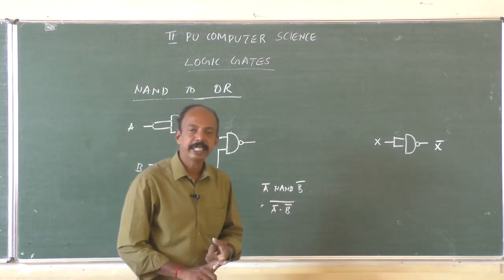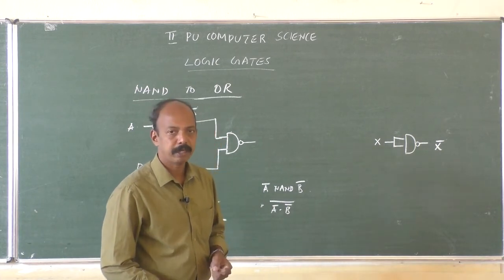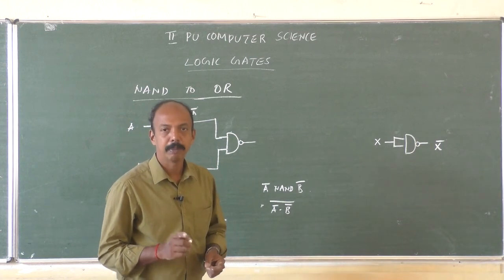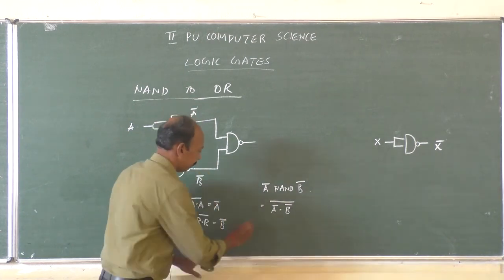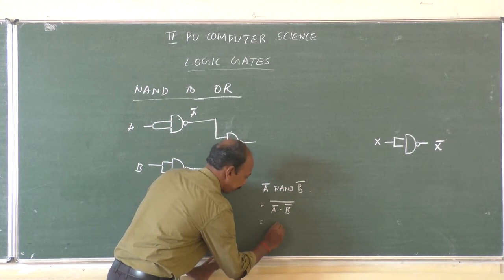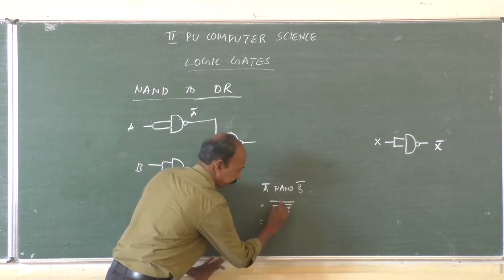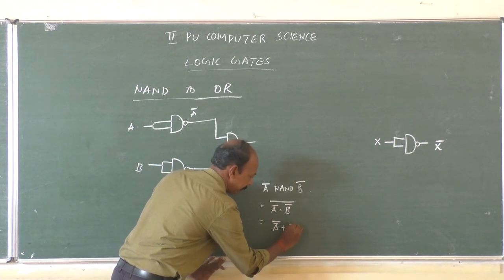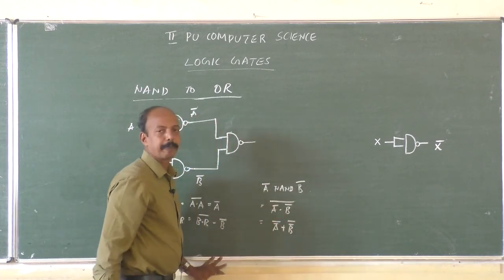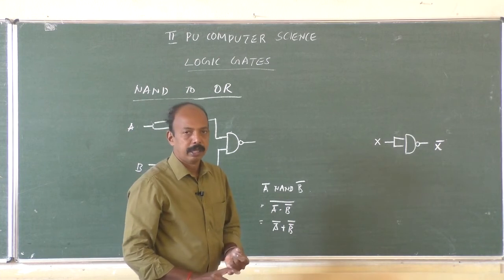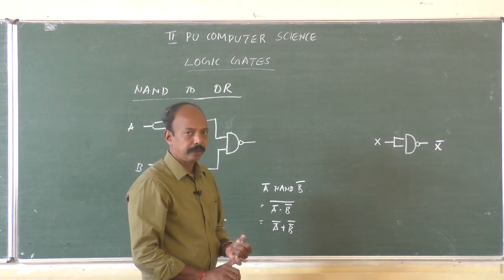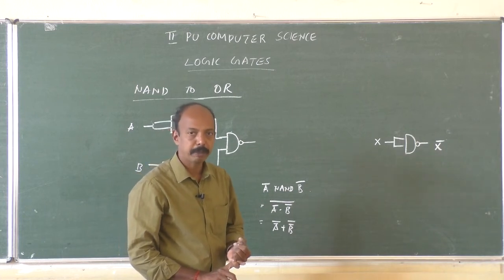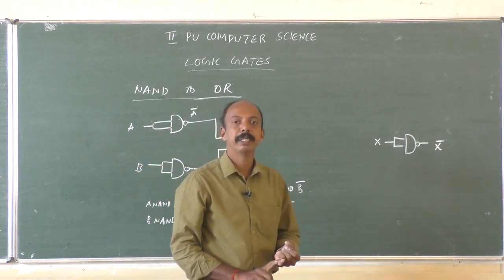Now again we shall take the help of De Morgan's theorem, which says that (X dot Y) whole bar is equal to X bar plus Y bar. Following the same, we get A bar whole bar plus B bar whole bar. Again, by the involution law, X double bar is equal to X. The complement of a complemented variable is the variable itself.